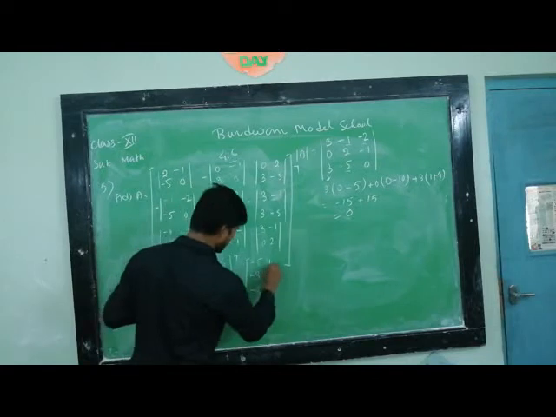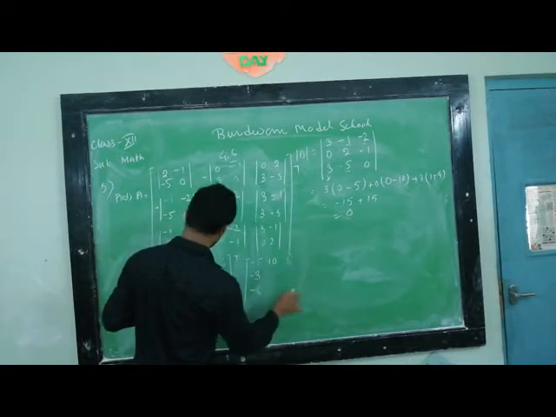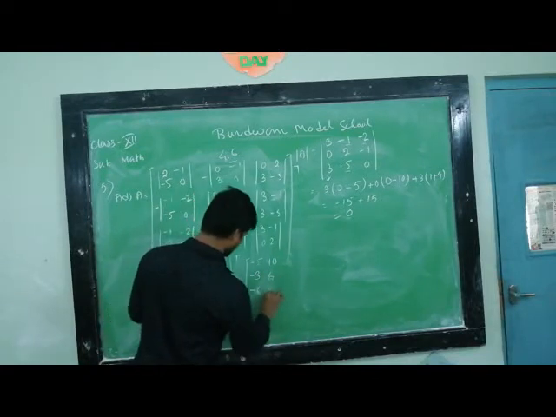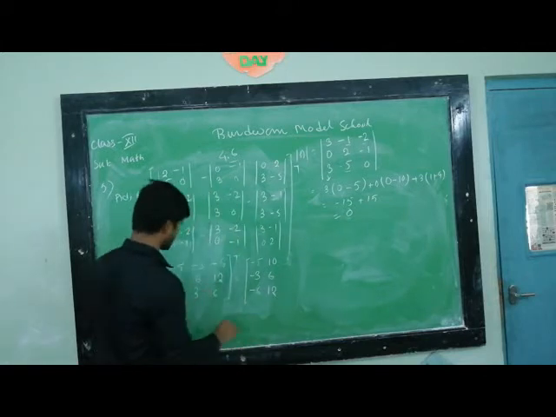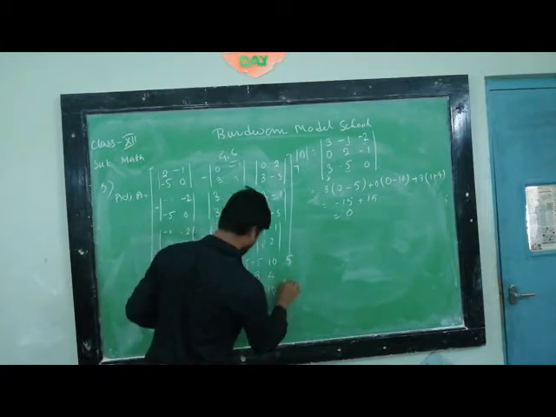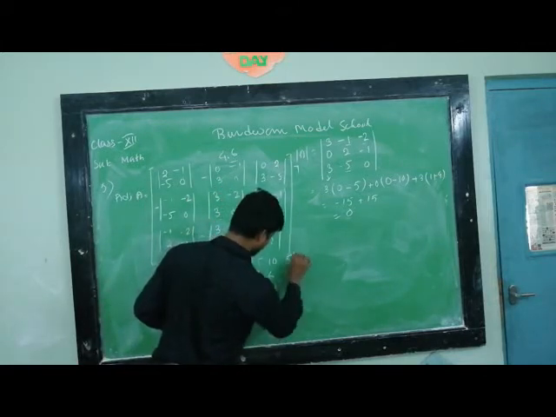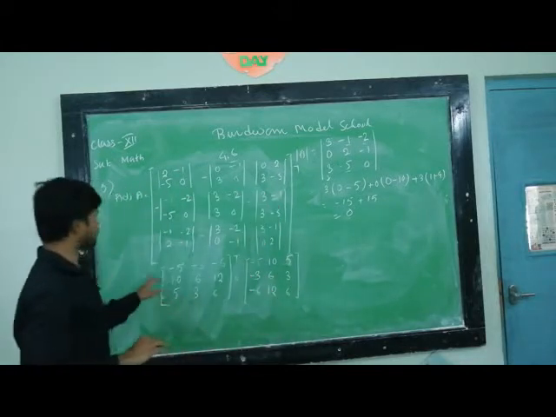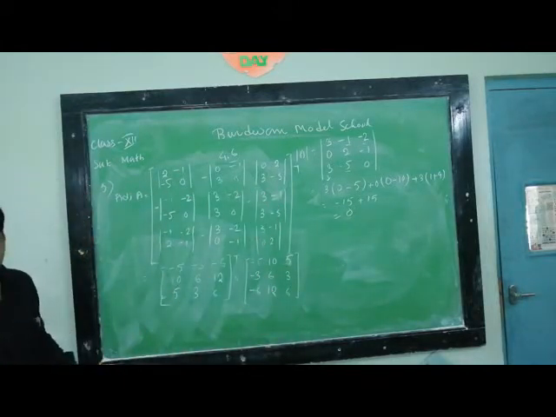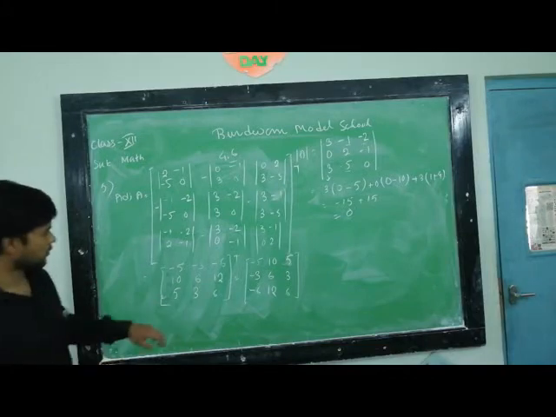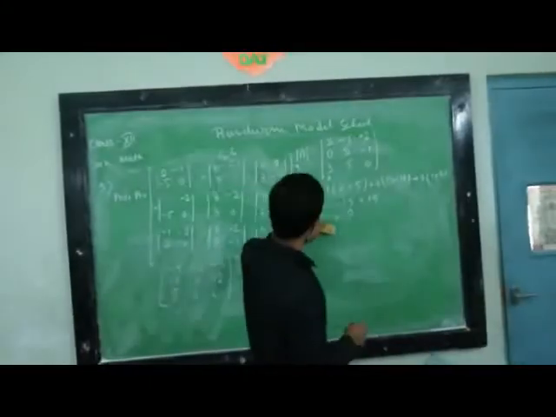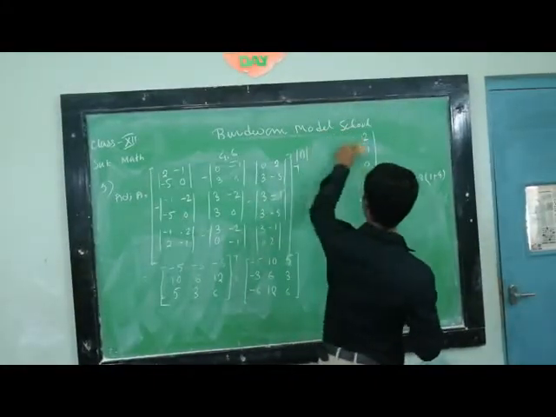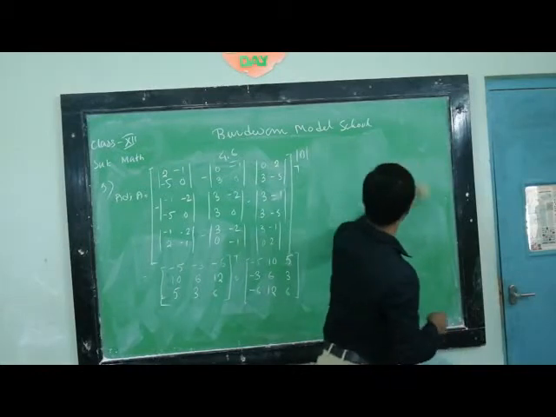The second column is 10, 6, 12, and the third column is 5, 3, 6. So this is the adjoint of A. Now calculate the value of adjoint A into B.